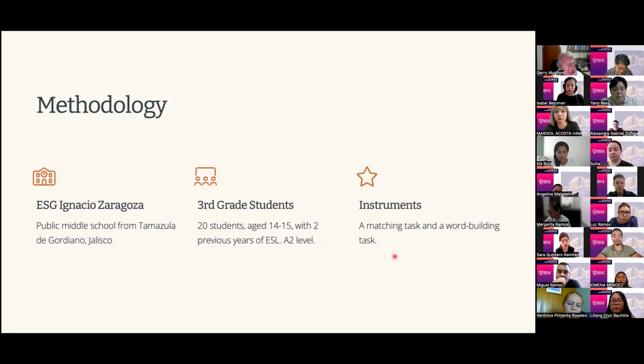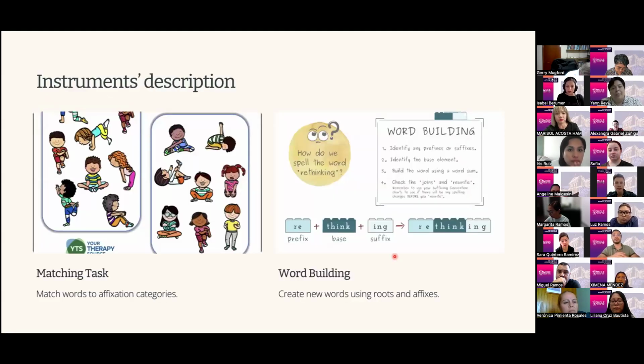And finally, the instruments. I'm gonna take 2 instruments, a matching task activity and a word building activity. Why is this? Because I'm gonna check implicit and explicit knowledge of derivational affixation. And the way I'm gonna check for explicit affixation knowledge is the matching task.